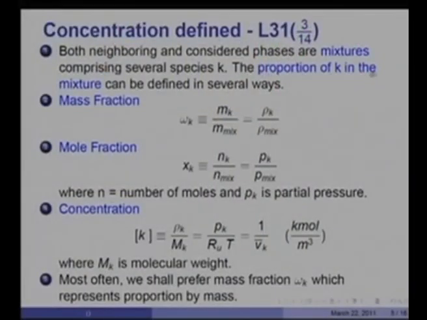The proportion of species K in the mixture must, however, be defined, and there are several ways to do it. One is called the mass fraction.